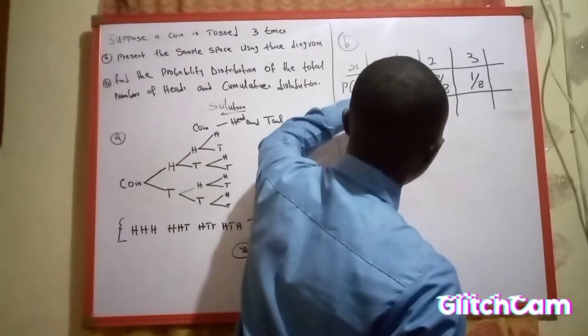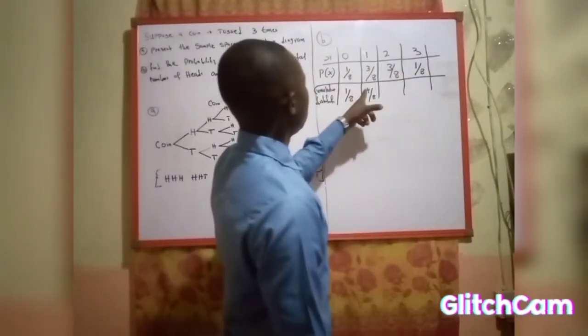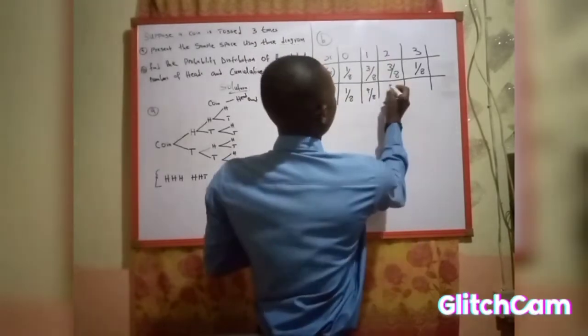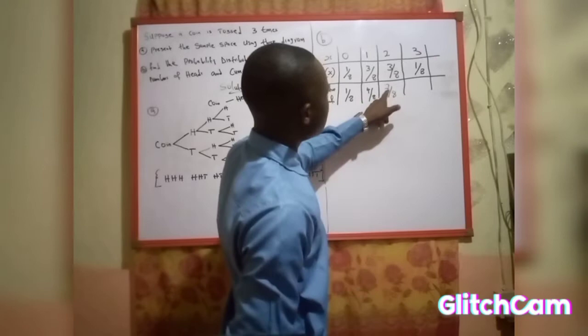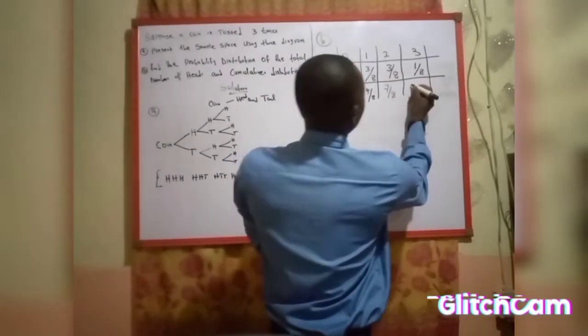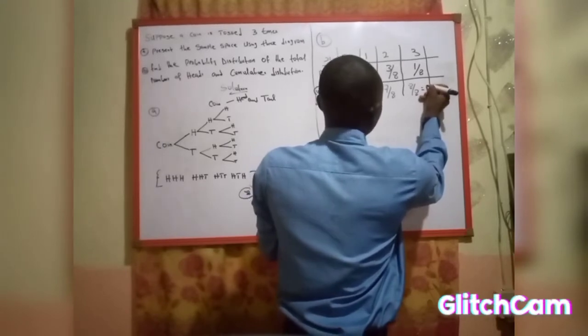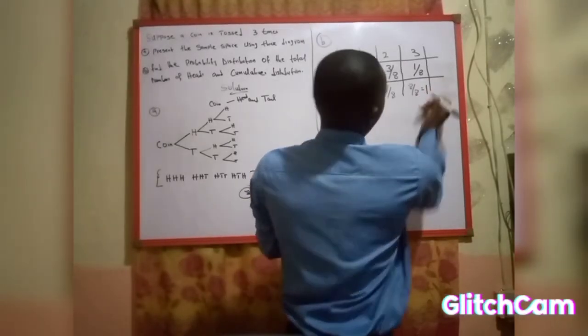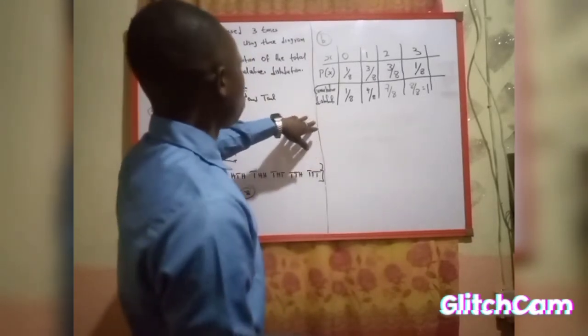Then this 4 plus 3, you have 7/8, and this 7 plus 1, you have 8/8, which can also be written as 1. This is how to find the cumulative distribution.